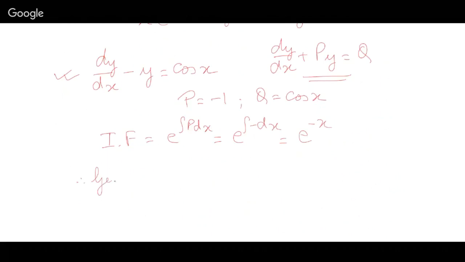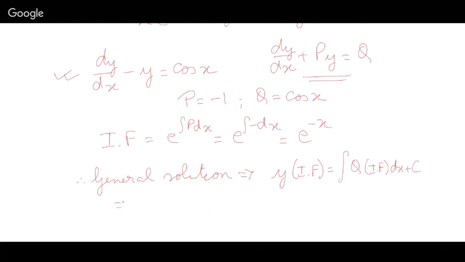Therefore, our general solution for this linear differential equation will be y into the integrating factor is equal to integration of q into the integrating factor dx plus c.